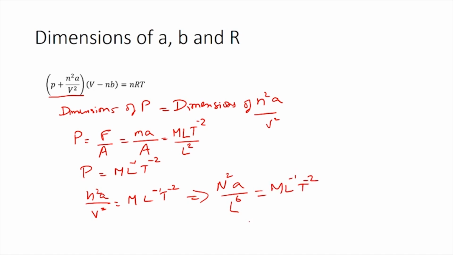So, this implies dimensions of A would be m L power 5 n minus 2 t minus 2.